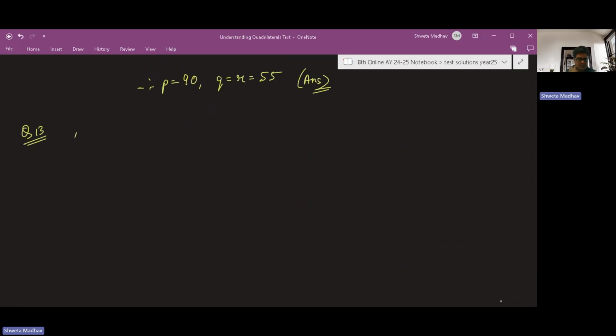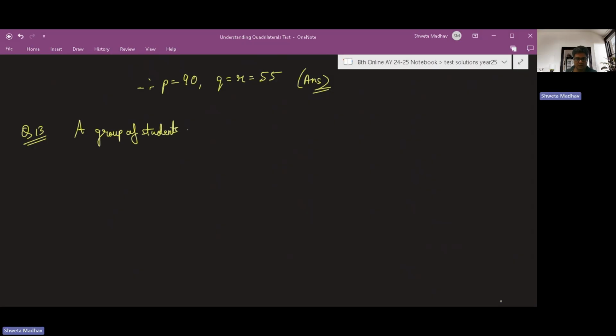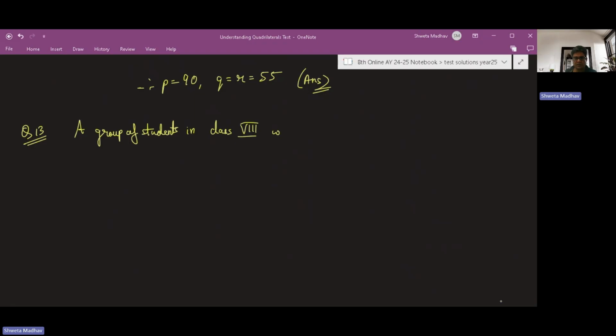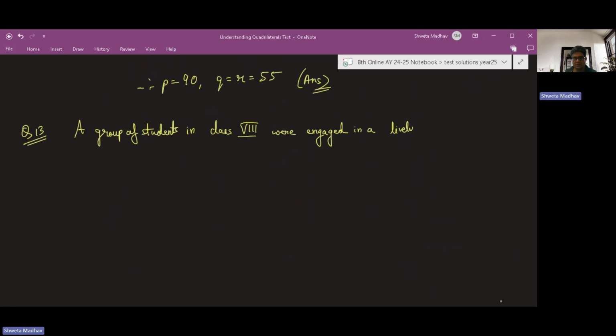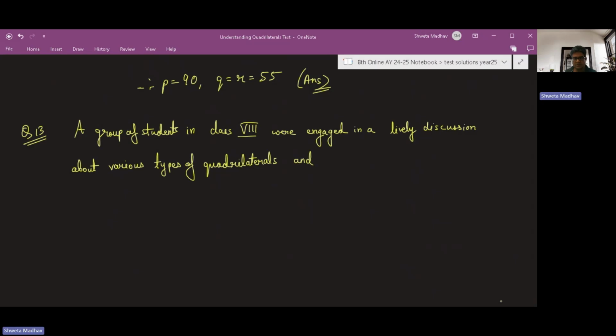Here it is told that a group of students in class 8 were engaged in a lively discussion about various types of quadrilaterals and their properties.